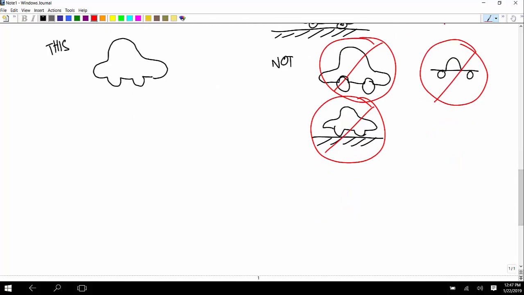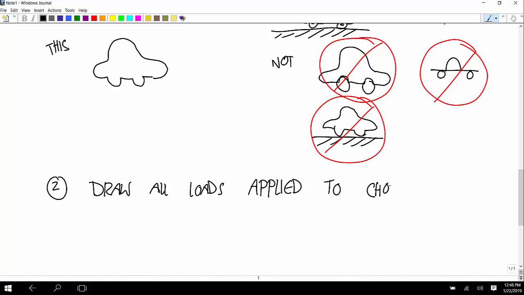Step 2. Draw all the loads that are applied to the chosen object by the outside world.